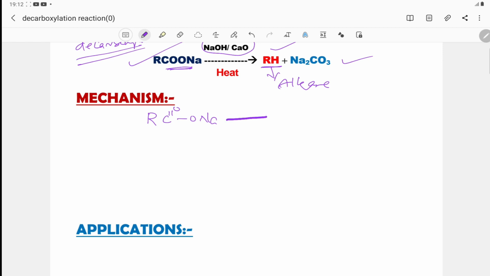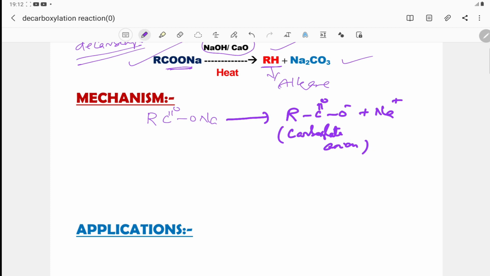First it dissociates, producing R C double bond O O minus plus Na plus, a sodium cation and a carboxylate anion. This is called the carboxylate anion.